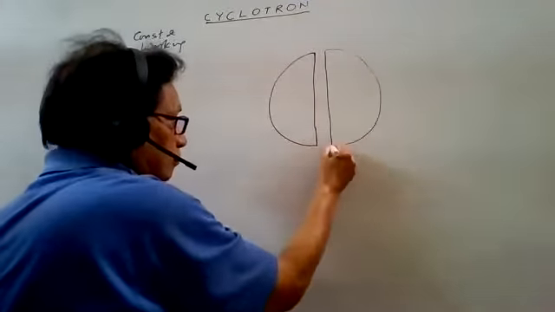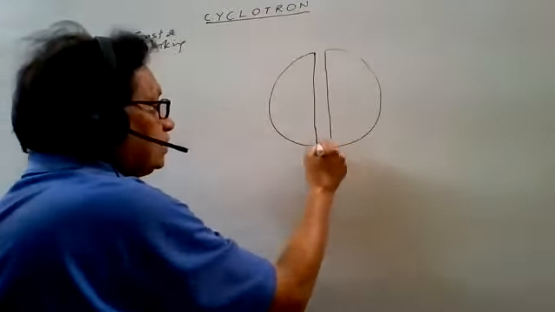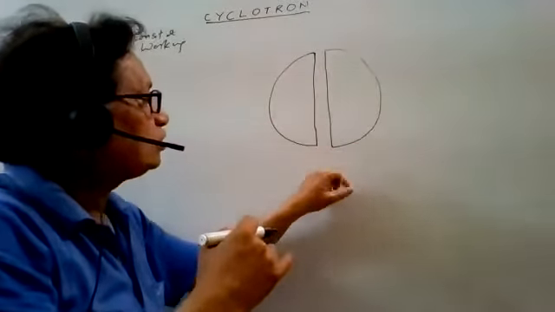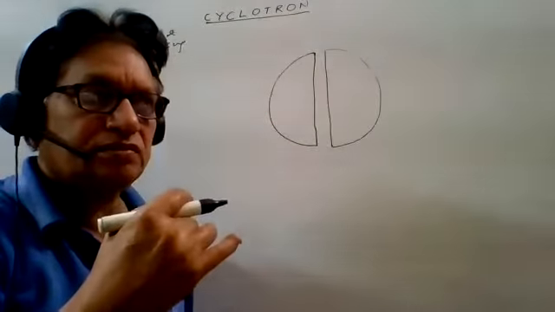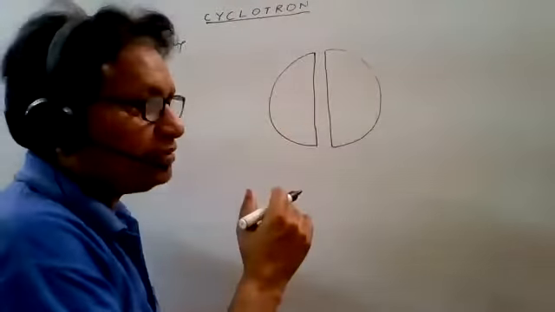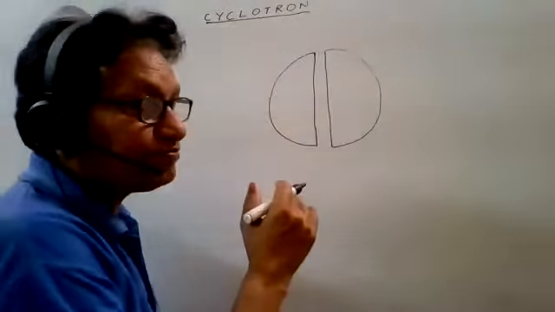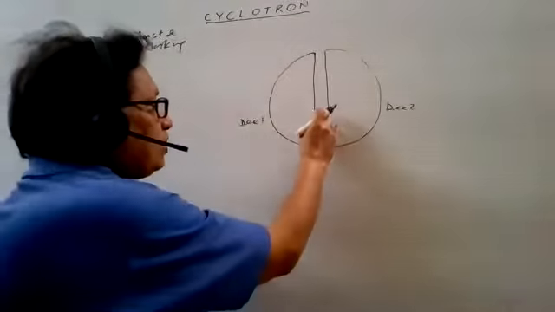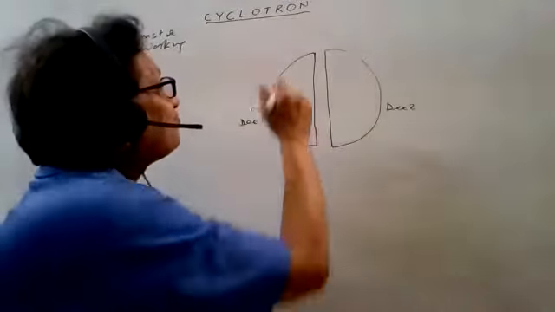Initially this disc is cut like this, converted into two semicircular discs called D1 and D2. Here the gap is few millimeter only.